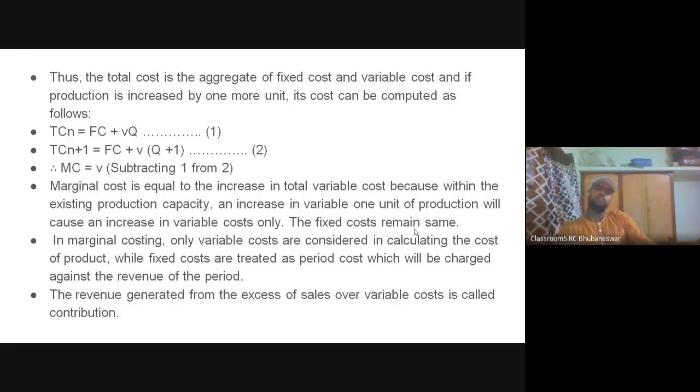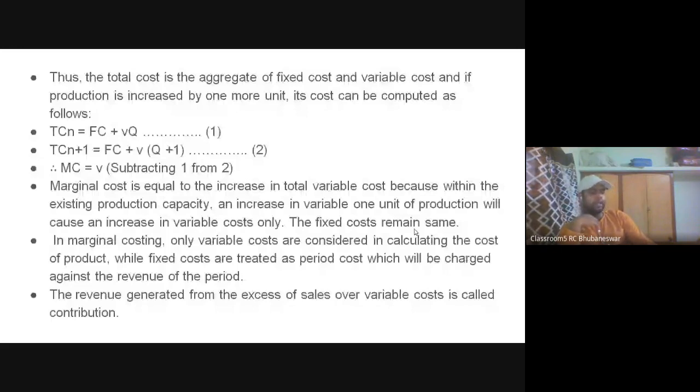After adding fixed cost plus variable cost, we get the total cost. If the production is increased by 1 more unit, its cost can be computed as follows. There will not be any change in the fixed cost, only the variable cost will increase by 1 unit.